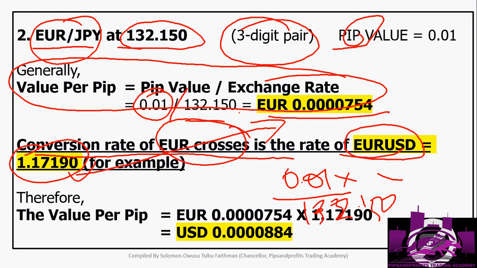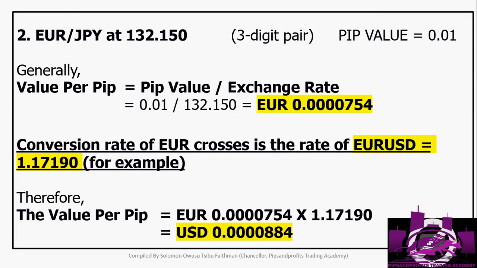Then you multiply it by the conversion rate, which was given as 1.17190. Now, these calculations we have done are the calculations that we are going to use to calculate our profit. We are going to calculate profit for standard lots, mini lots, and then micro lots. So pay attention.